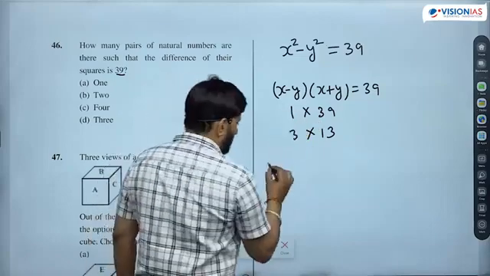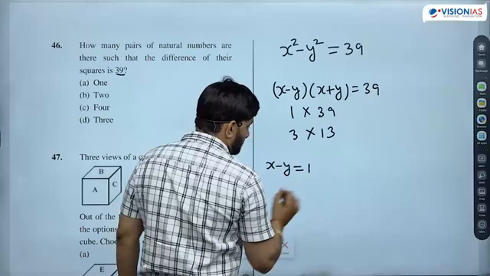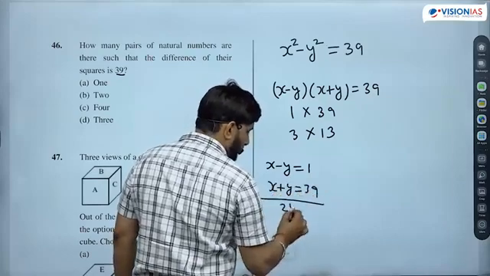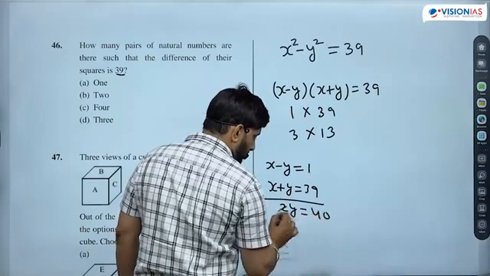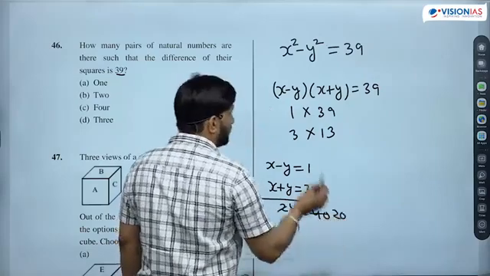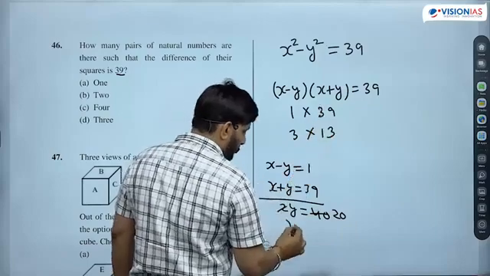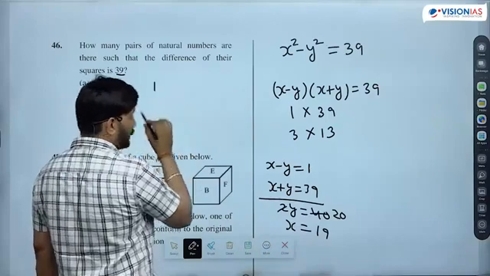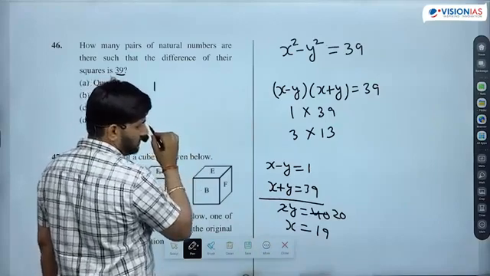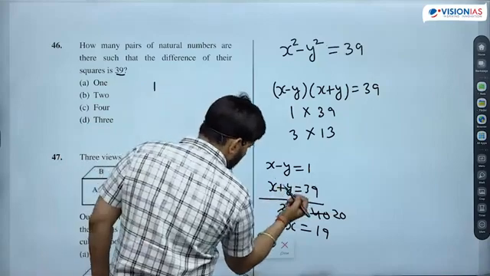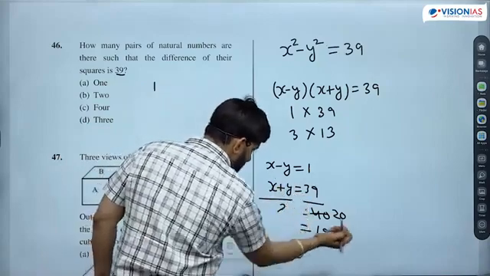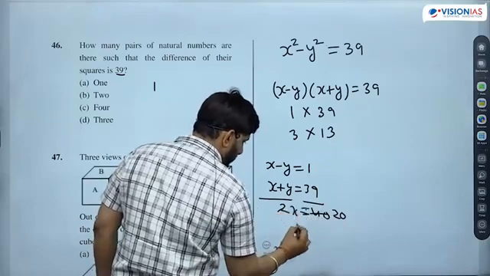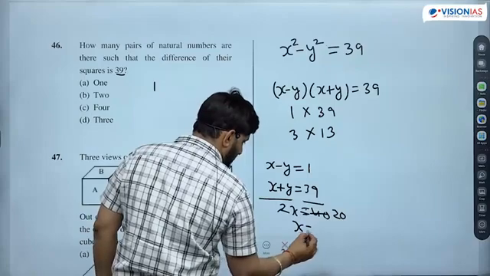First case, if x minus y is equal to 1 and x plus y is equal to 39, then upon adding we get 2x is equal to 40, so x is 20 and y is 19.